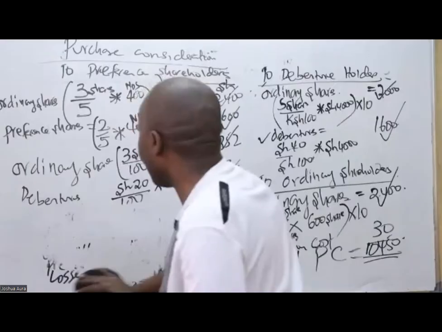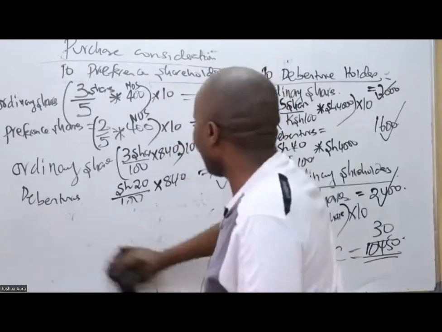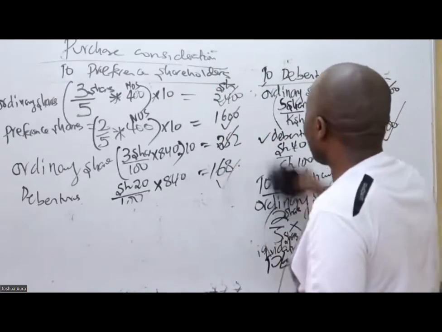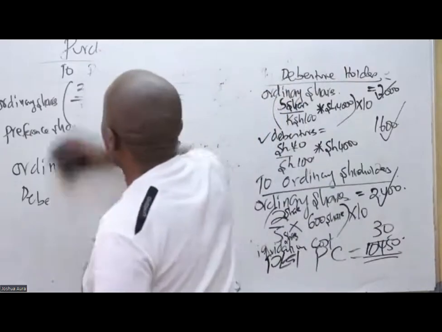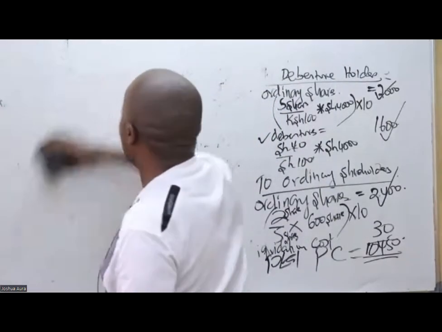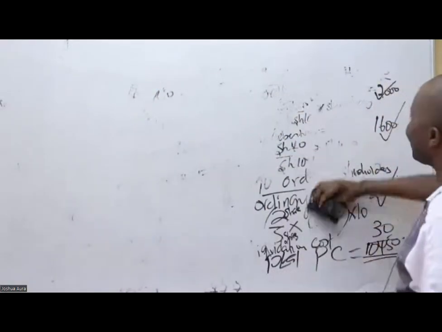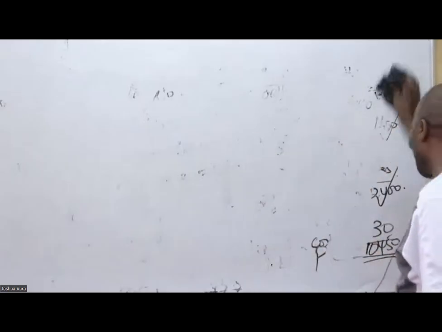Preference shareholders. You guys will be giving me these figures. Let me just delete them. Great. Preference shareholders. And then we close the debenture shareholders. Then we will be left with journals and the realization account alone.